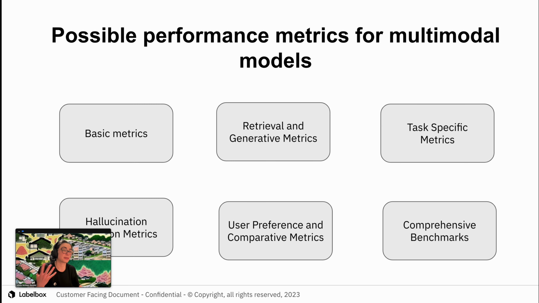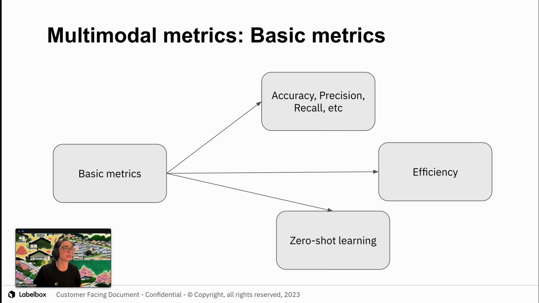You have your task specific metrics. Hallucination detection metrics are really important because, once again, LLMs are a core component of multimodal models, and we do know LLMs hallucinate. There are metrics around user preferences, and there are also more comprehensive benchmarks. I'll go through a couple of examples of each one.